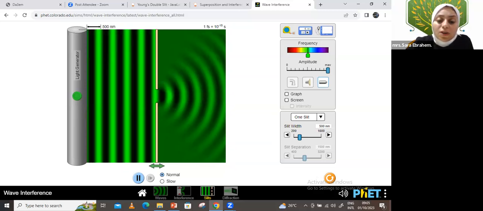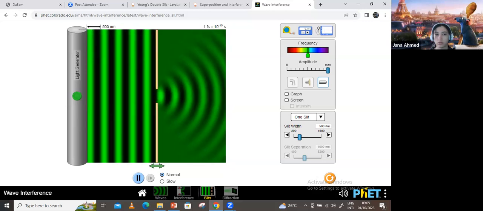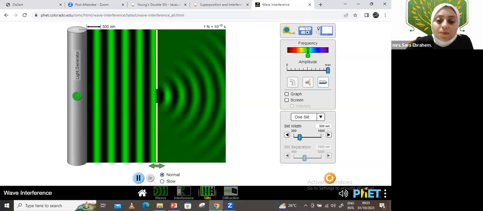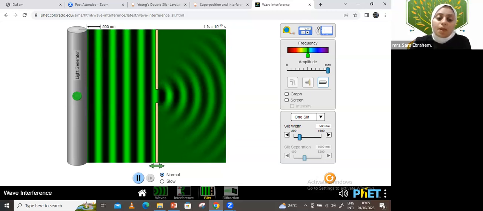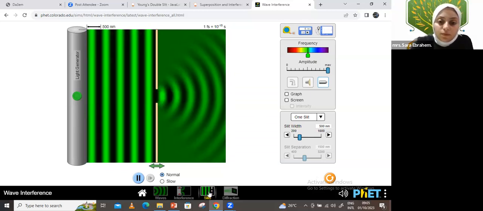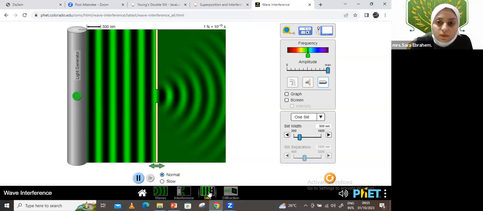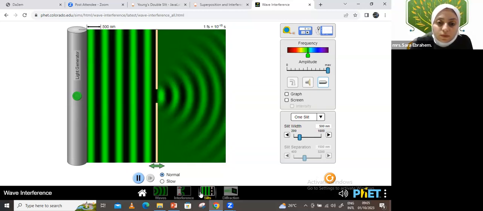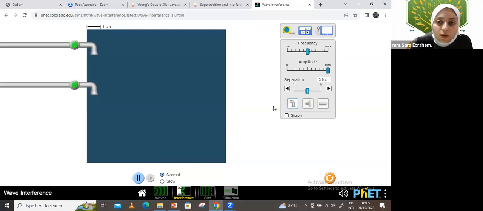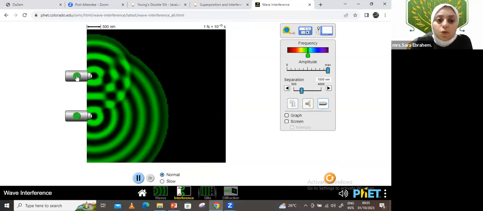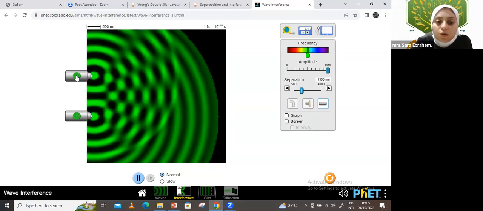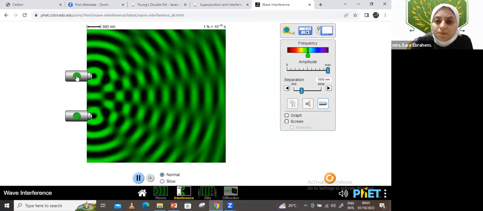What about two waves? Look, that's two waves. What happened?